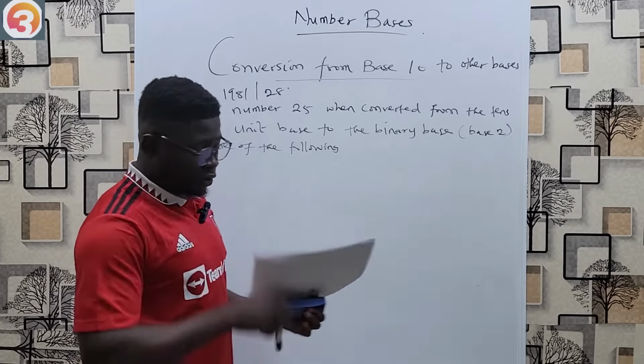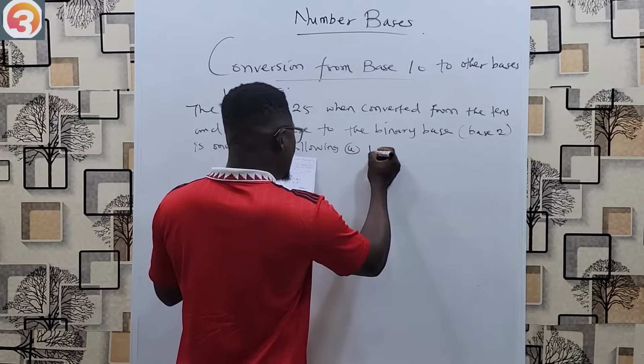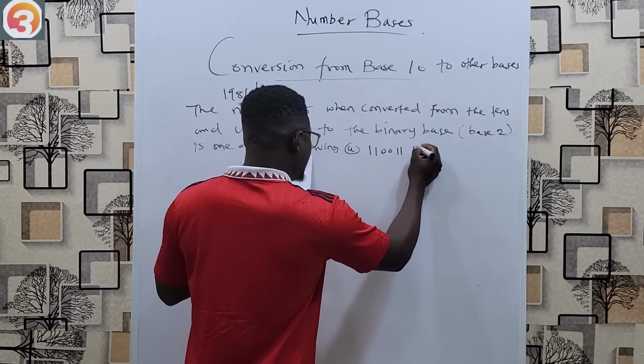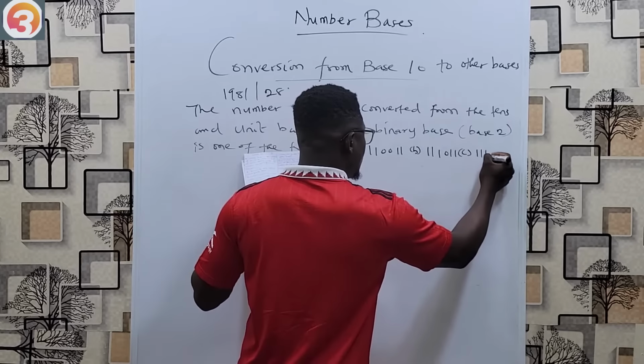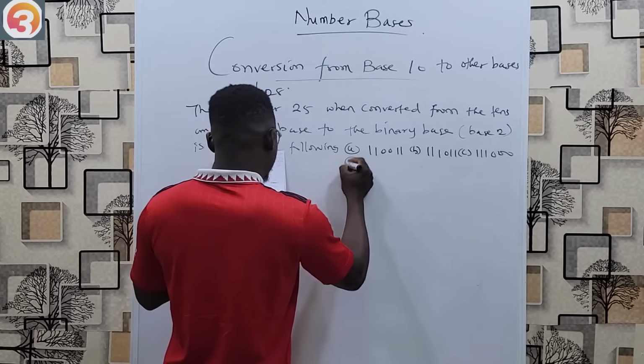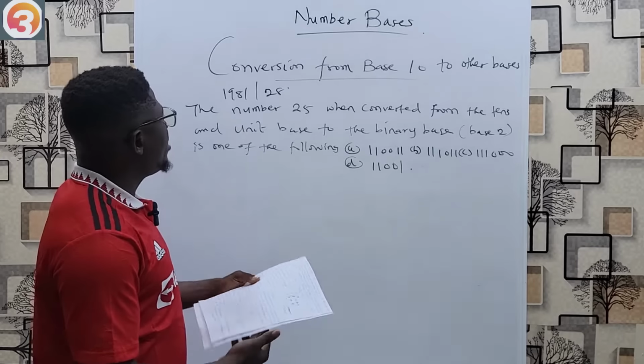The first option, A, is 110011. B is 111011. C is 111000. D is 11001.